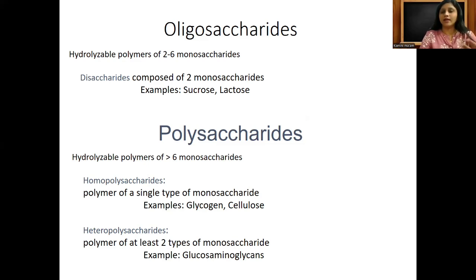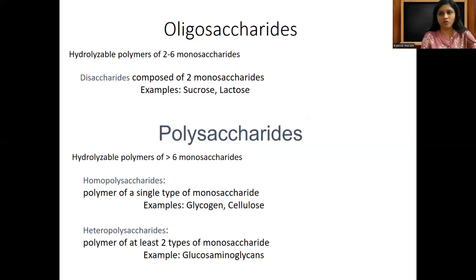Polysaccharides are again classified into two types, that is homopolysaccharide and heteropolysaccharide. Homo means homogeneous or same. When the same type of monosaccharide unit is attached together, it is known as a homopolysaccharide. For example, if we consider the glucose molecule, only glucose molecules are there, no galactose, no fructose, no any other type of monosaccharide.